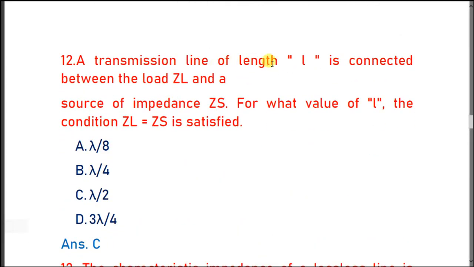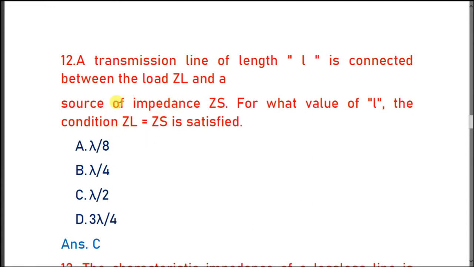Next, a transmission line of length L is connected between ZL and ZS, the source impedance. What is the value of L so that the condition ZL is equal to ZS is satisfied? This condition is related to the maximum power transfer theorem. In order to transfer maximum power from input to output, the load and source impedance must both be the same.